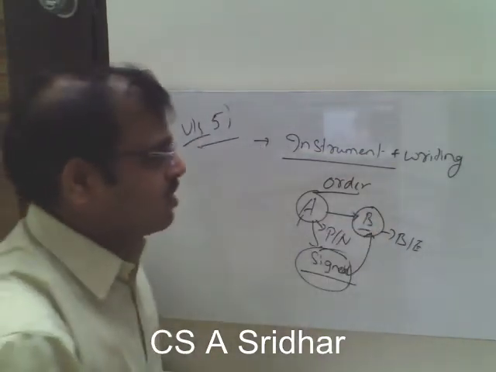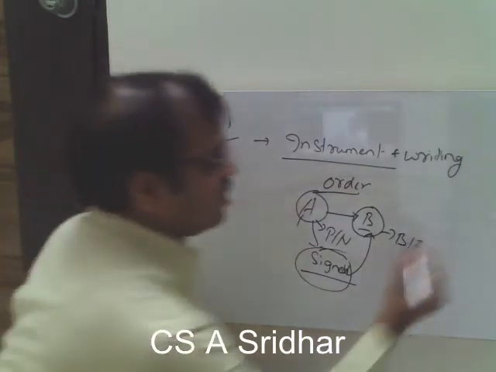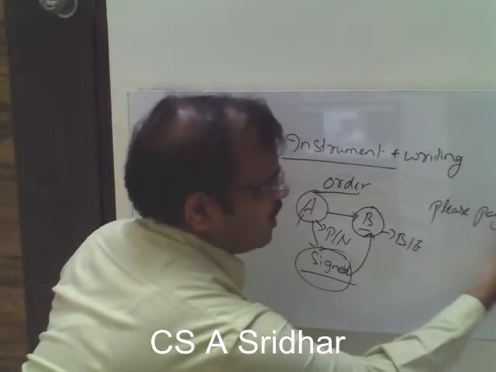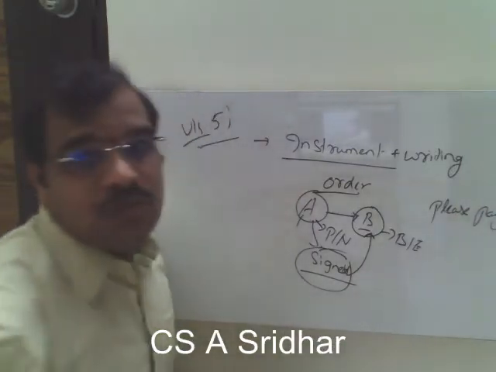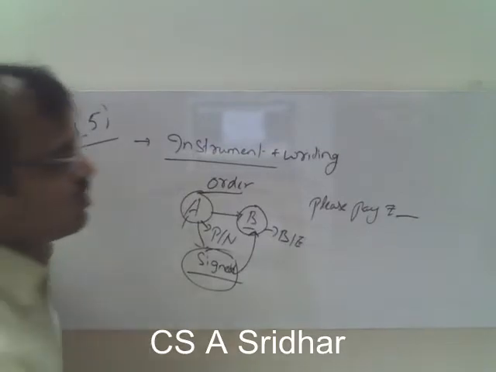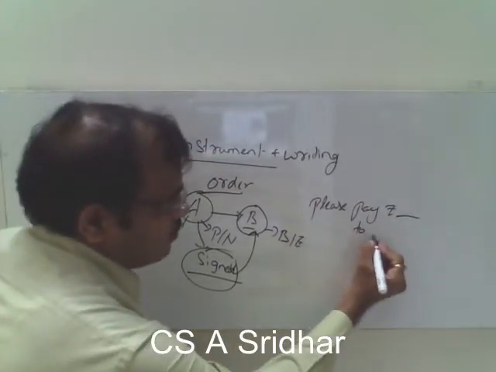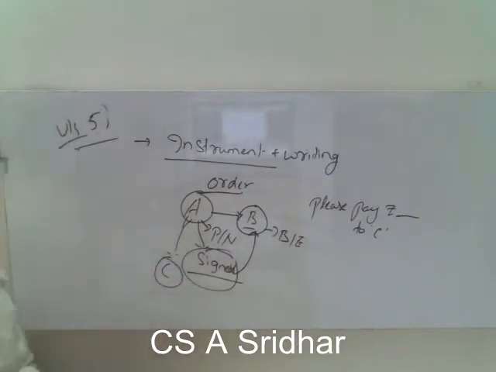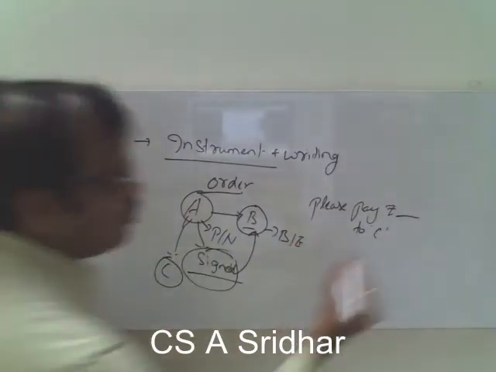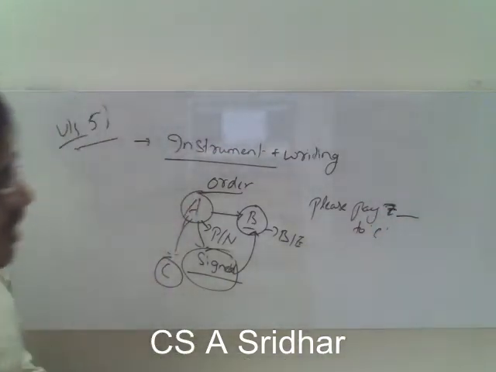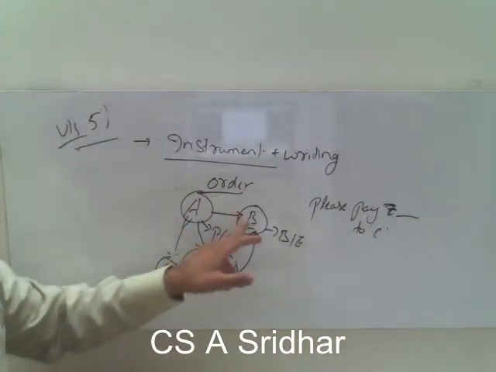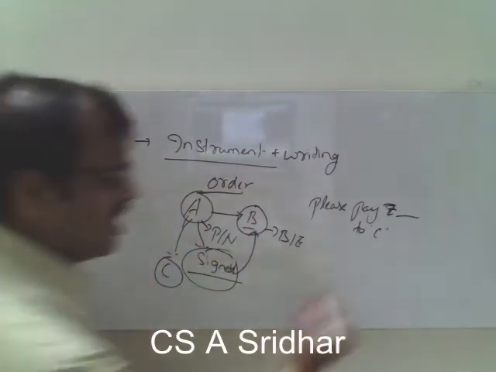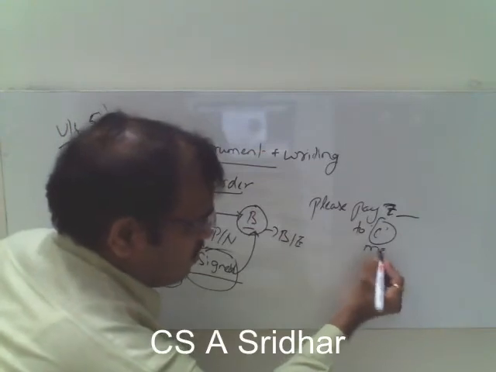How will he draft the bills of exchange? Generally, he will say please pay rupees so and so to C. Suppose he is giving the instrument to C, then we will write it as please pay rupees so and so to C. So that means here A is giving the order to B to make the payment to C. Or else he can write not only to C, but to me.